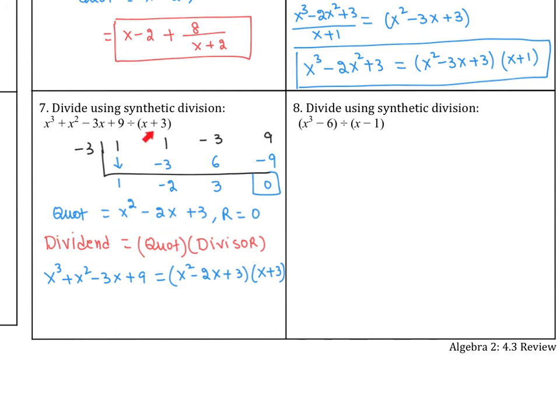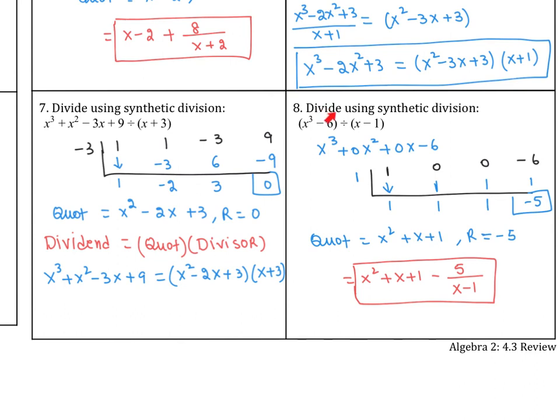Divisor is x plus 3. So this polynomial has two factors, x squared minus 2x plus 3 times x plus 3. So this polynomial has two factors and is completely divisible by the factor x plus 3.